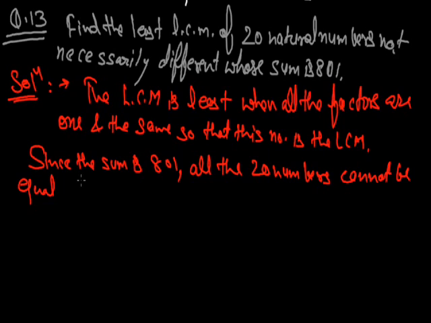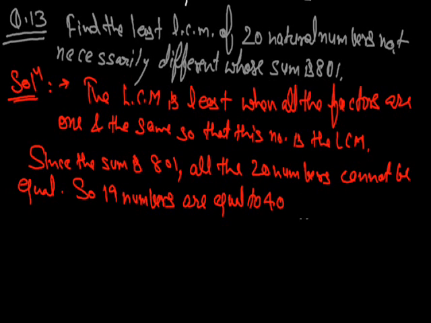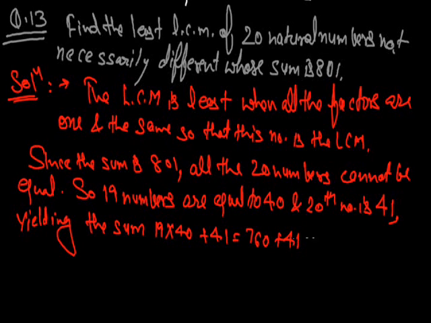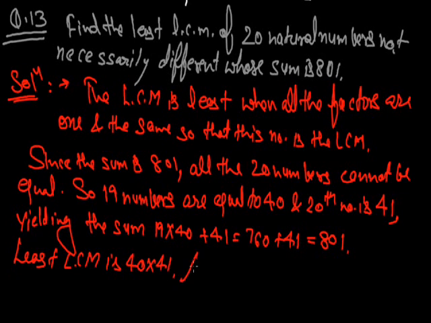So 19 numbers are equal to 40, and the last number, that is the 20th number, is 41, yielding the sum 19 times 40 plus 41, that is 760 plus 41, that is 801. So the least LCM is 40 times 41. That is our answer. Thank you.